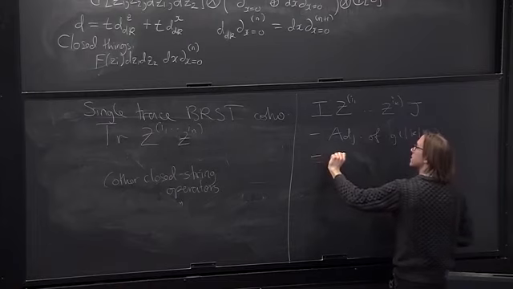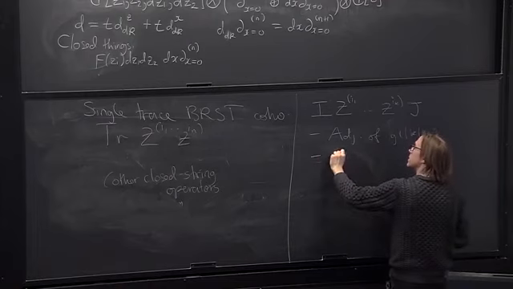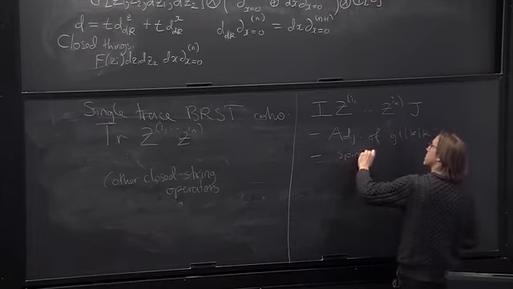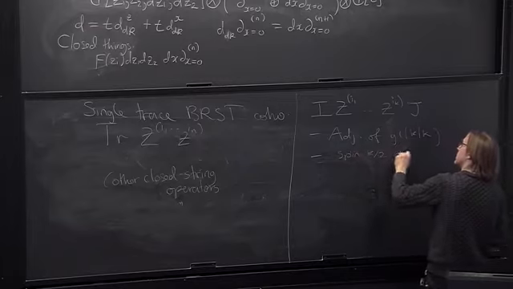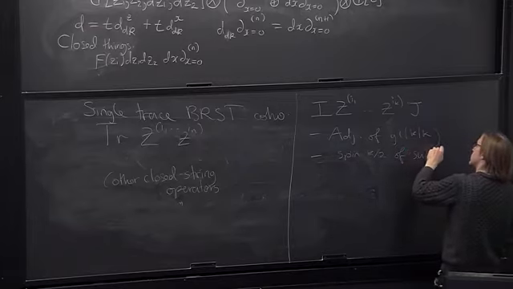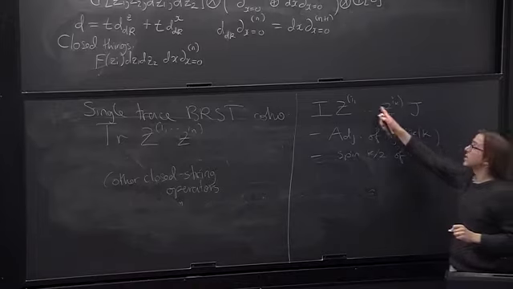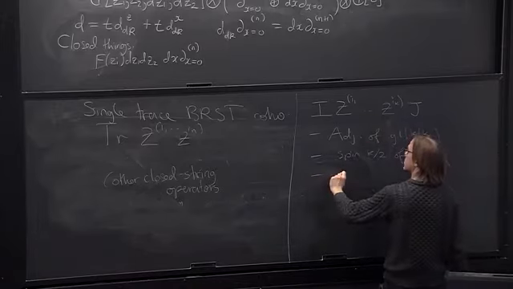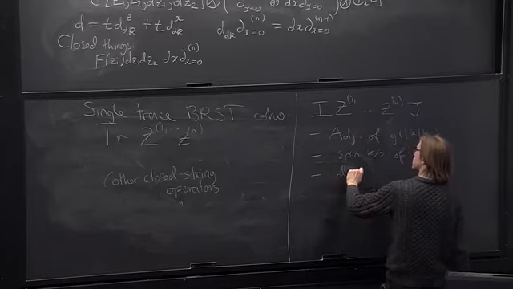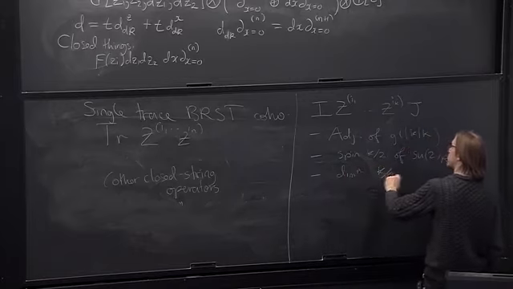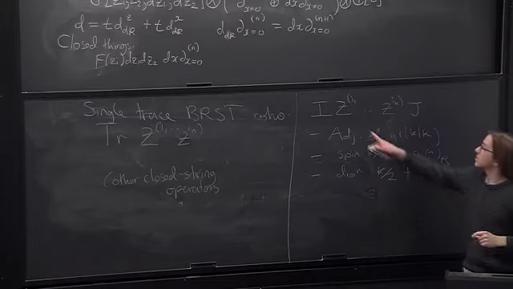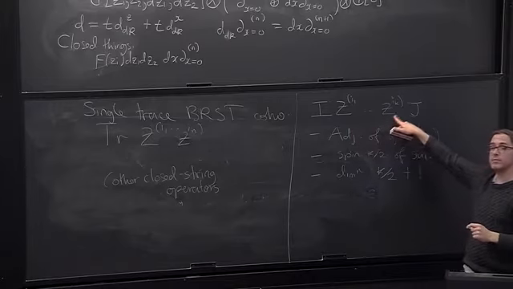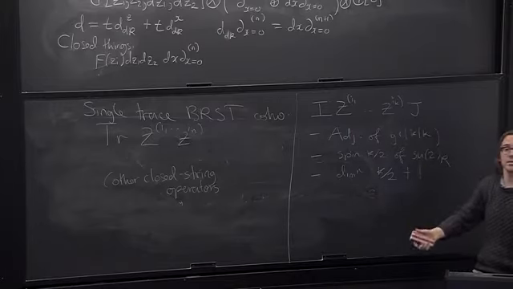It lives in the spin K over 2 of SU(2)R, because I have K of these guys of spin half. And it's of dimension K over 2 plus 1, because each of these guys is dimension half, and then I have the I and J also dimension half at the end.